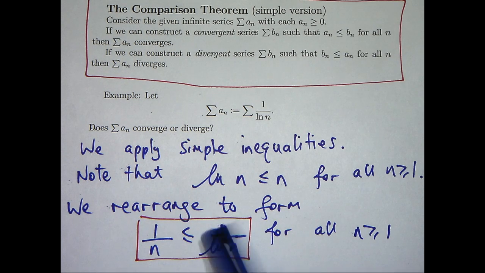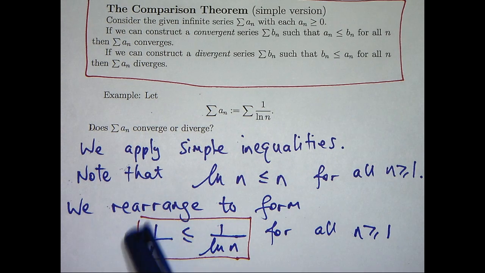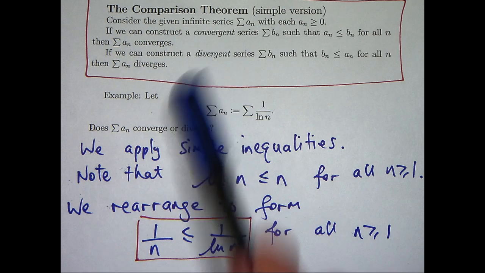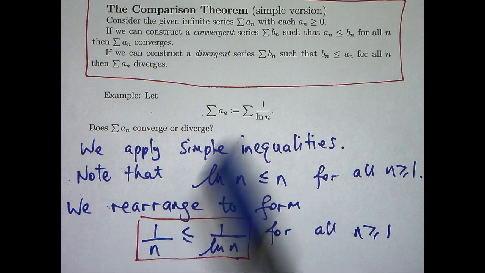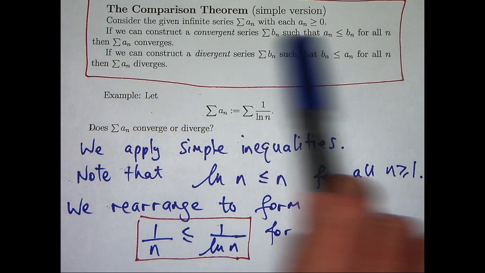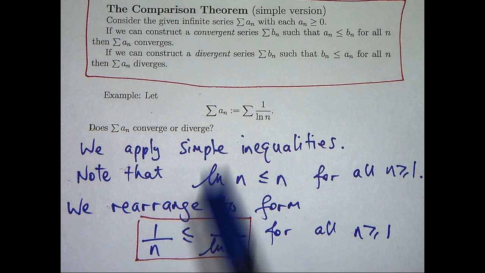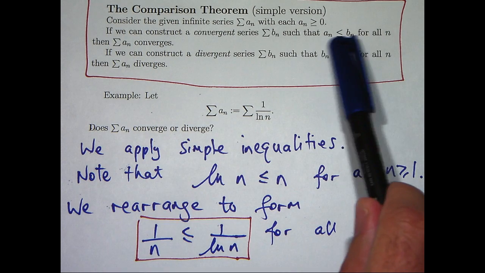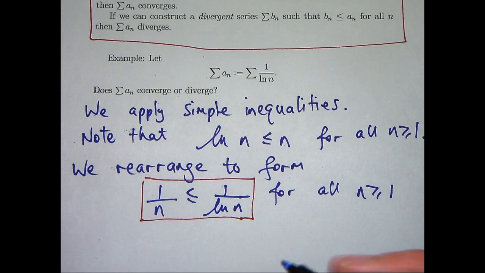This is my a n, remember. So it looks like we've got this inequality. And now all we want to see is, does the series associated with 1 on n diverge? If it is divergent, then we can apply the second part of the comparison theorem. Note that having this kind of inequality rules out the first part because we don't have this.